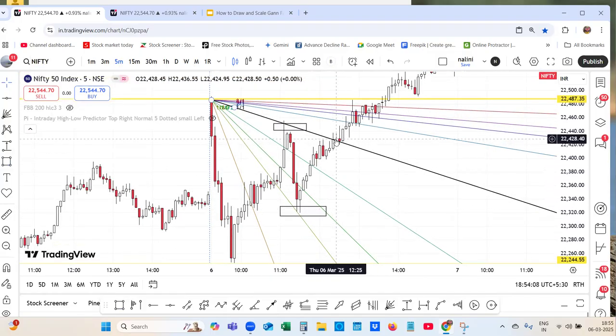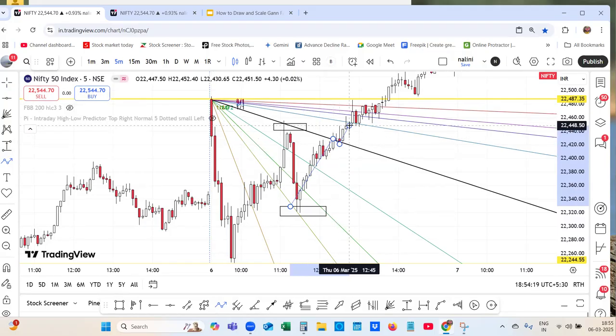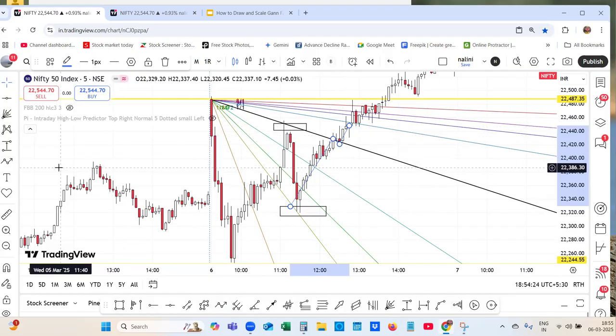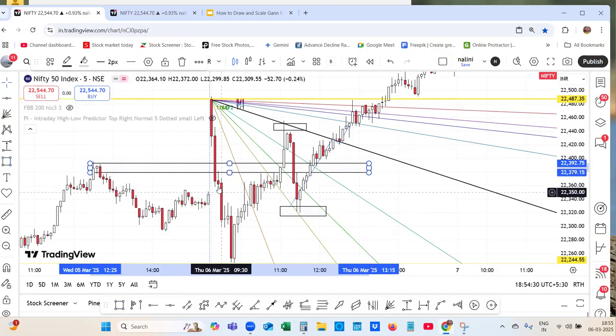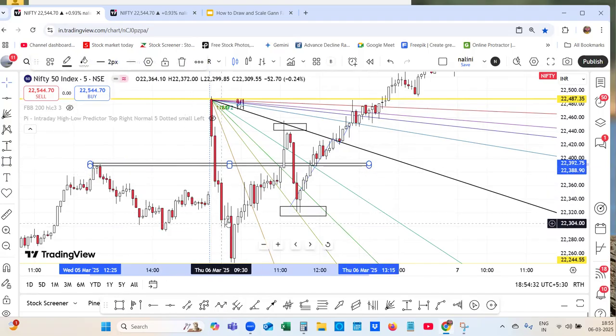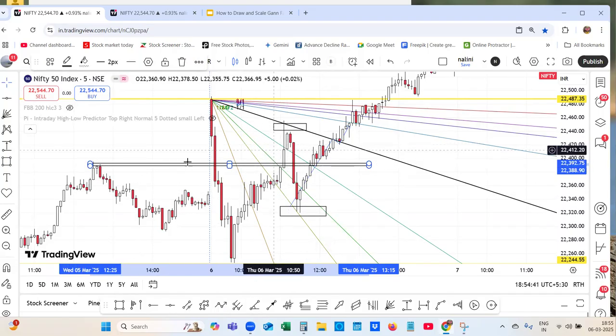And then the third time when it started moving above that level, it was a buying opportunity. Otherwise, the market showed a higher high trend structure. This is the previous day high, and it made a higher high when compared to this, and it made a low, and it is a breakout.